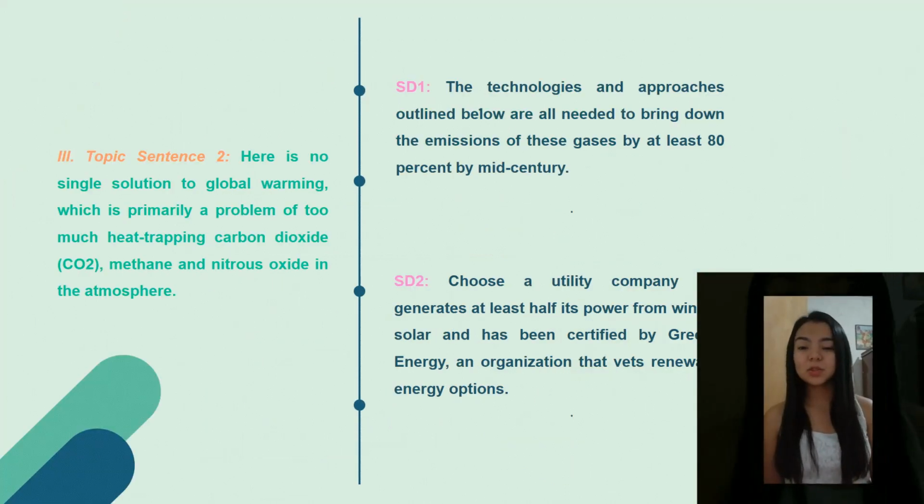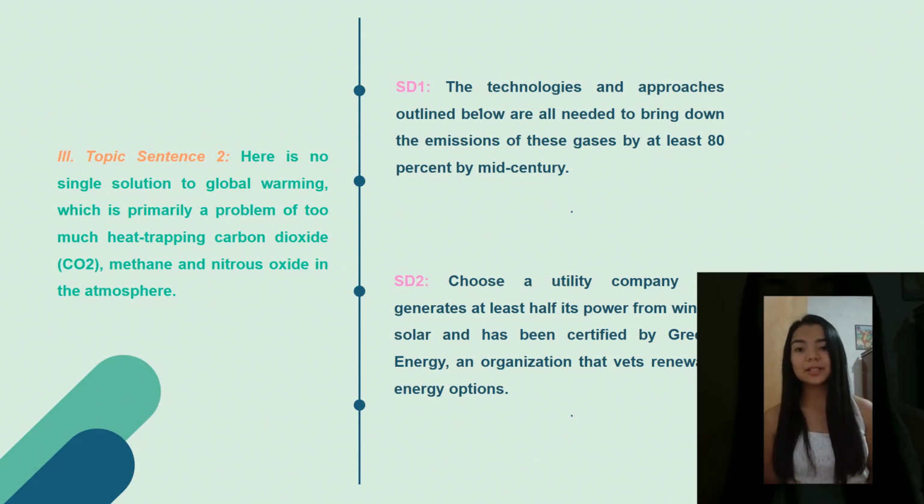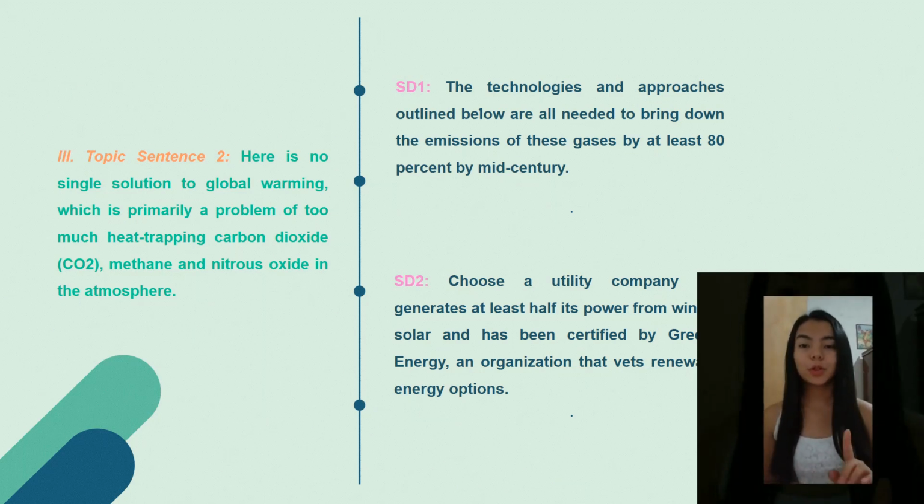The topic sentence. Number 2. There is no single solution to global warming, which is primarily a problem of too much heat-trapping carbon dioxide, methane, and nitrous oxide in the atmosphere. Possible solutions. Number 1.